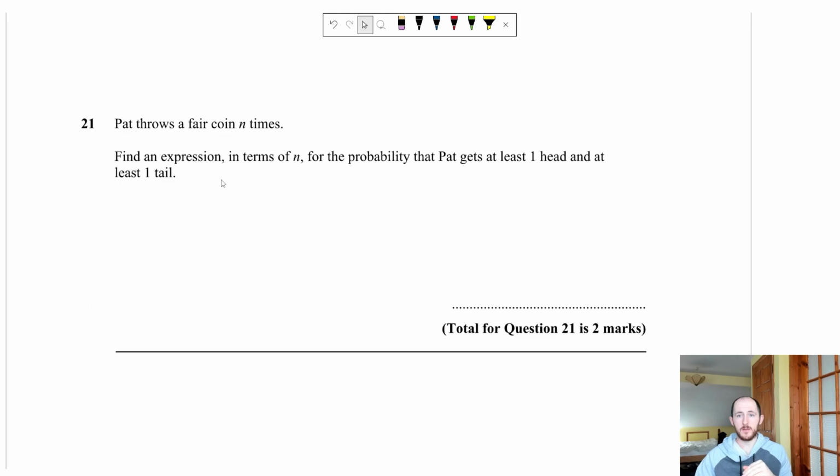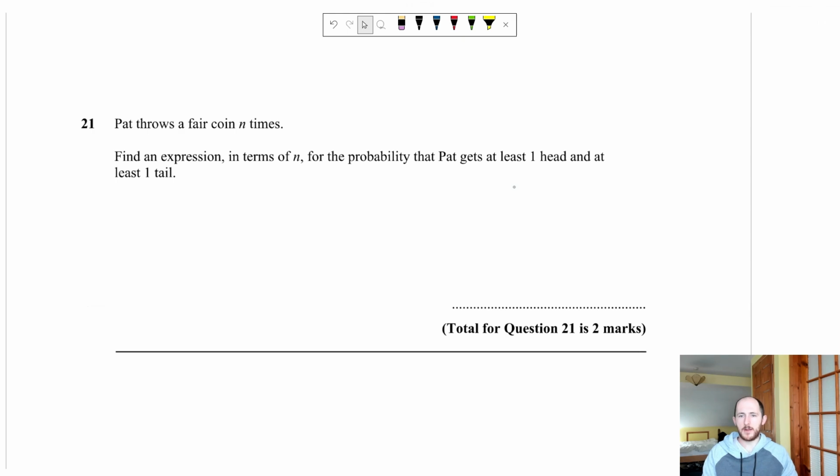So the best thing we can do is work out the probability of getting either or, and then doing 1 minus it. Because in order to get 1 head and 1 tail, that is going to be 1 minus the probability of getting either of them, because those are the only possibilities, right? Either you get at least 1 of each, or you get either one or the other.